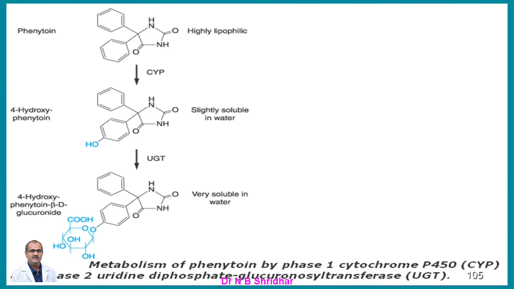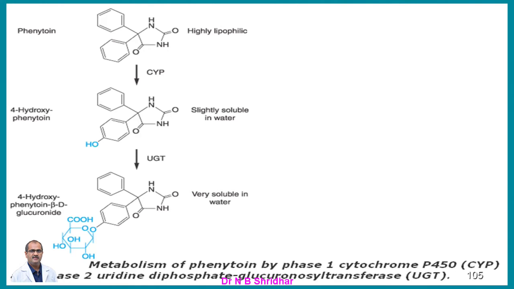So only lipophilic molecules can pass through the blood-brain barrier and the blood-placental barrier. Phenytoin has the penetration capacity to cross the blood-brain barrier and act on the receptors in the central nervous system.